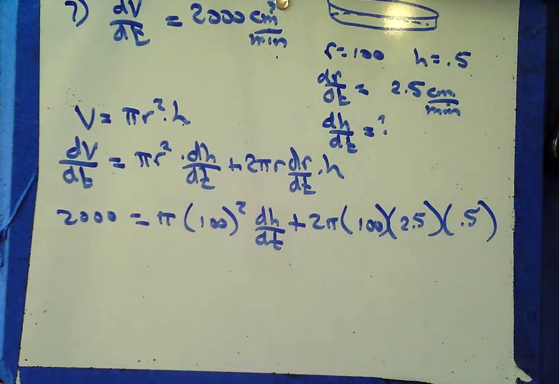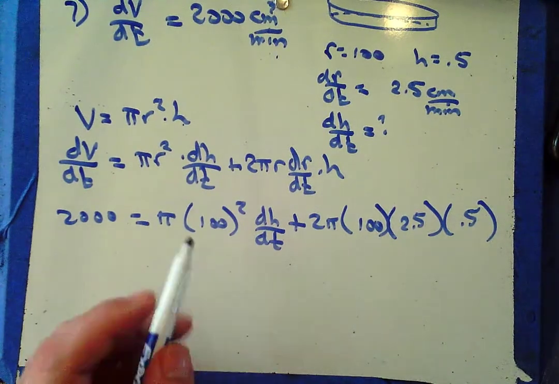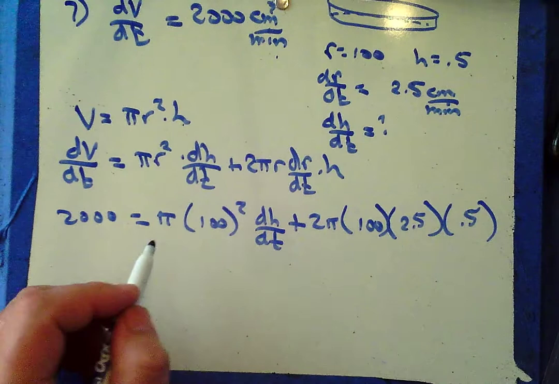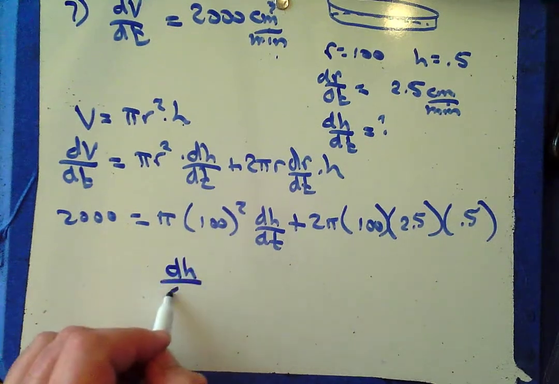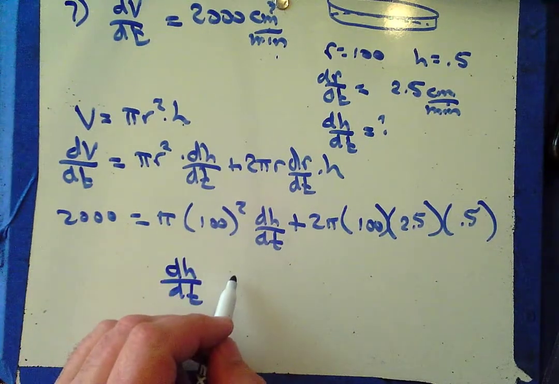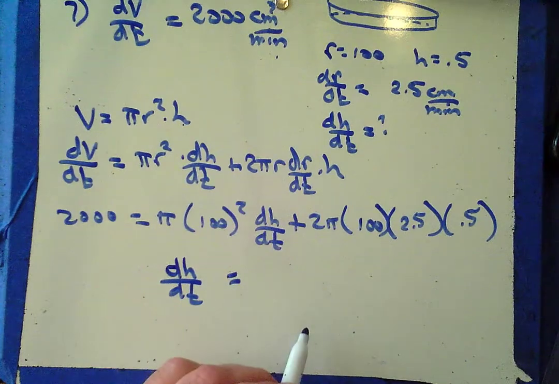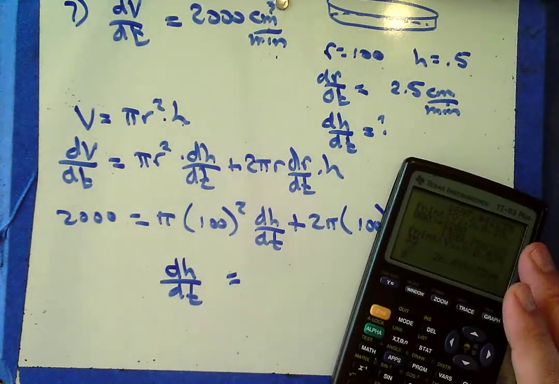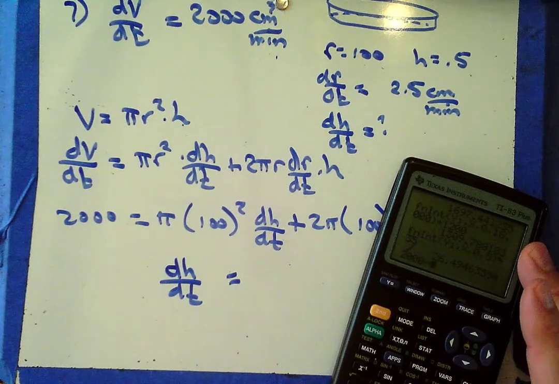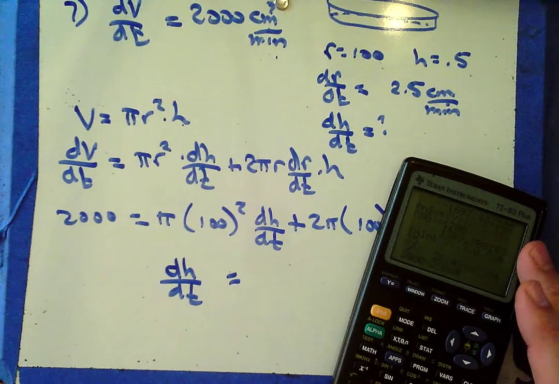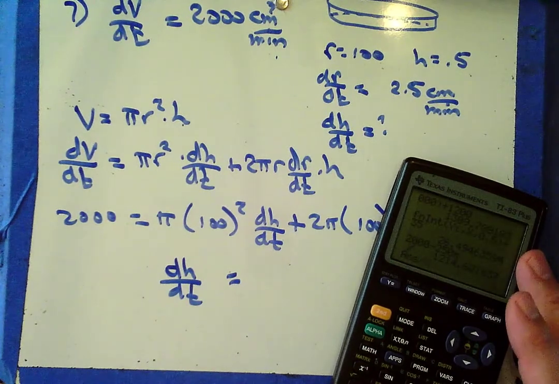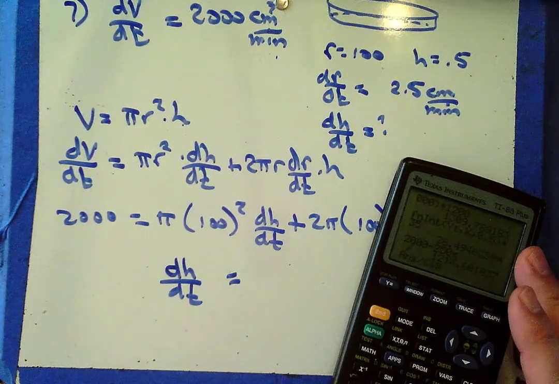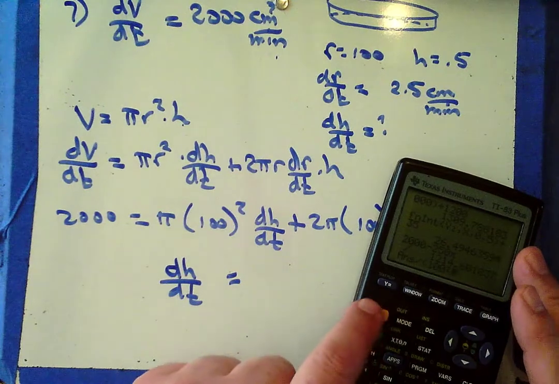And so when I solve for dh/dt, I end up with 2,000 minus 250 pi divided by 100 squared pi.